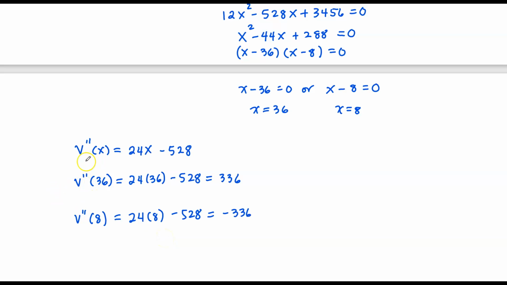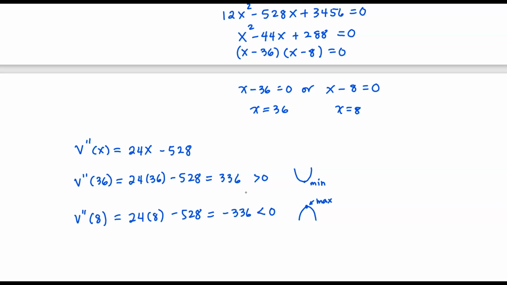Now, if the second derivative is positive, that's greater than 0, the concavity is concave upward, so this is a minimum at the critical number. While if the second derivative is negative, that's less than 0, the concavity is concave downward, so we get a maximum.